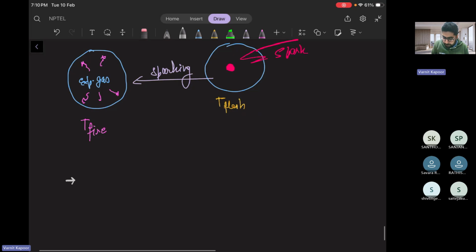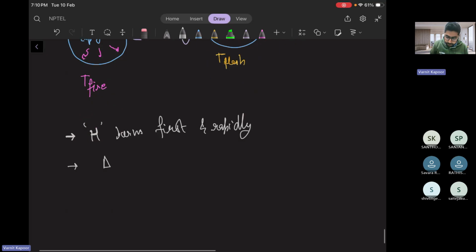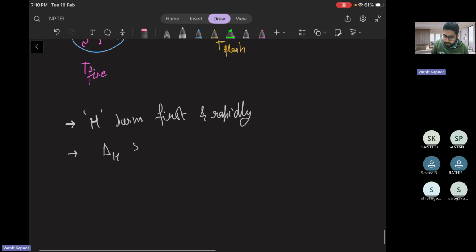Hydrogen, H, burns first, and rapidly. Why? Delta of hydrogen, that is calorific value, is more than that of carbon. How does it look in terms of a chemical formula?